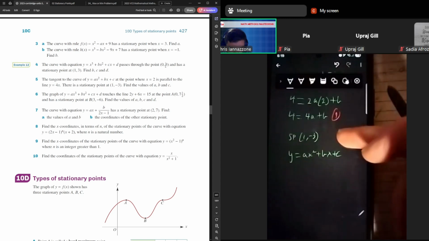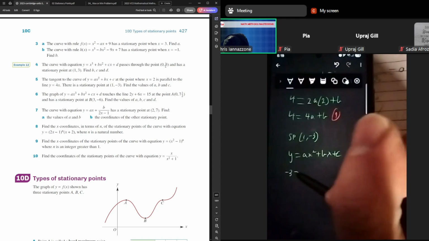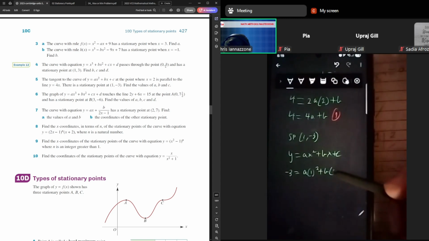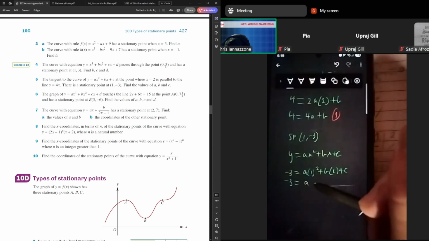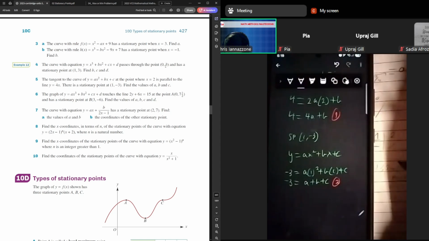That's the first way you can use a stationary point, just like any other point. Negative 3 equals a times 1 squared plus b times 1 plus c. Negative 3 equals a plus b plus c. So that's another equation that just has a, b's, and c's in it.